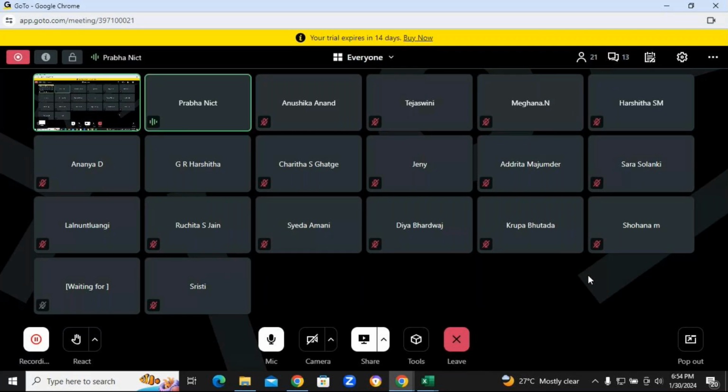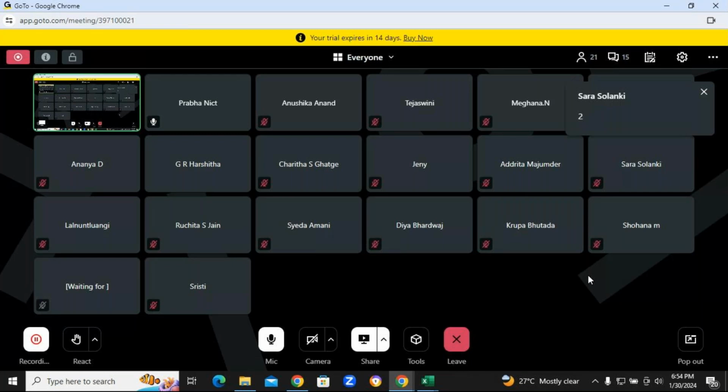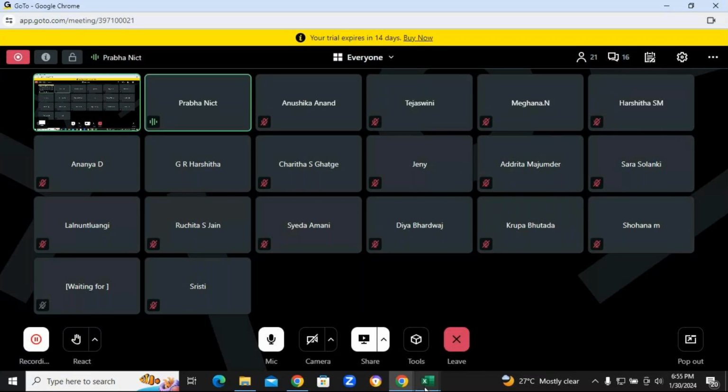If you are downloaded and ready with it, type in 2 so that we'll start with cash flow statement. Okay, let's continue with cash flow statement.